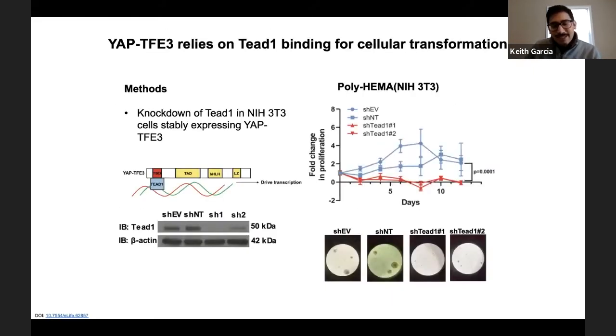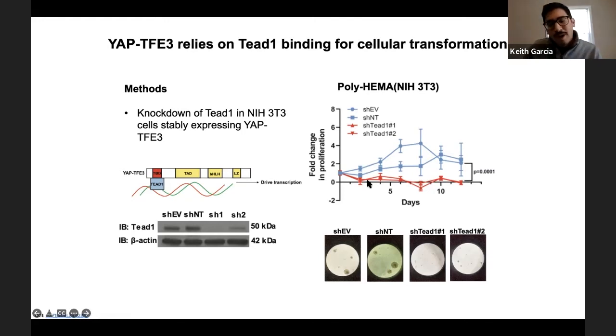And analogous to TAZ-CAMTA1, we recognize that YAP-TFE3 retains its TEAD binding domain at its N terminus. And so we hypothesize that it functions through the TEAD transcription factors to drive cellular transformation in vitro. And so in 3T3 cells that stably expressed YAP-TFE3, we subsequently knocked down TEAD1 utilizing two independent short hairpin RNAs.